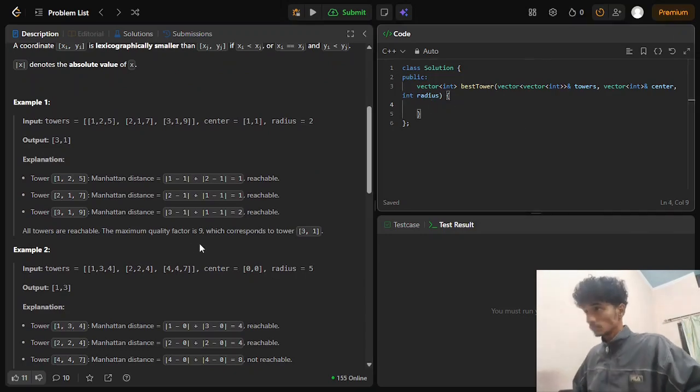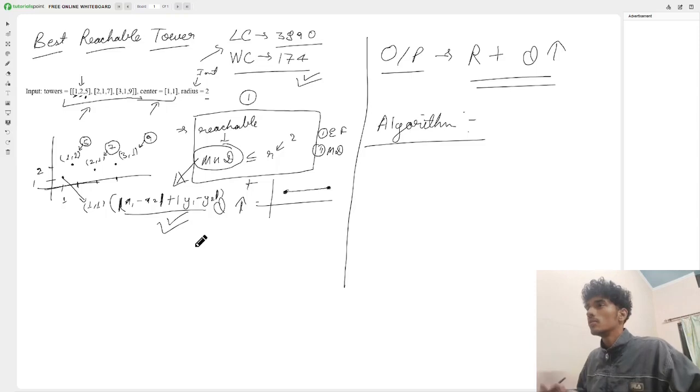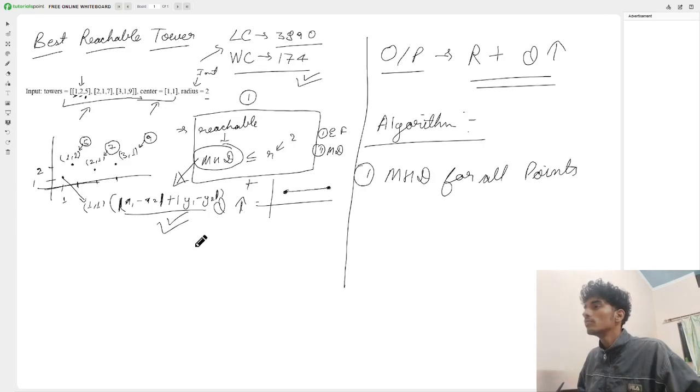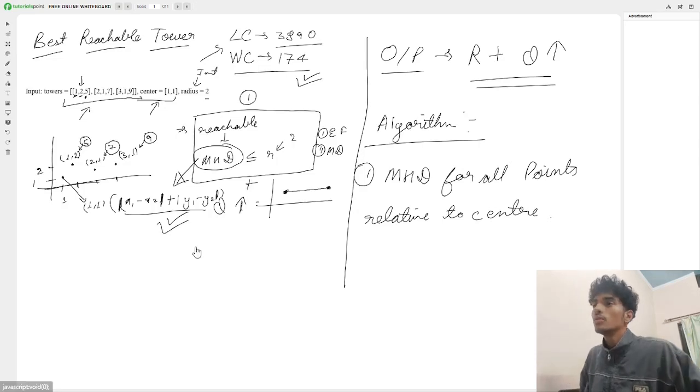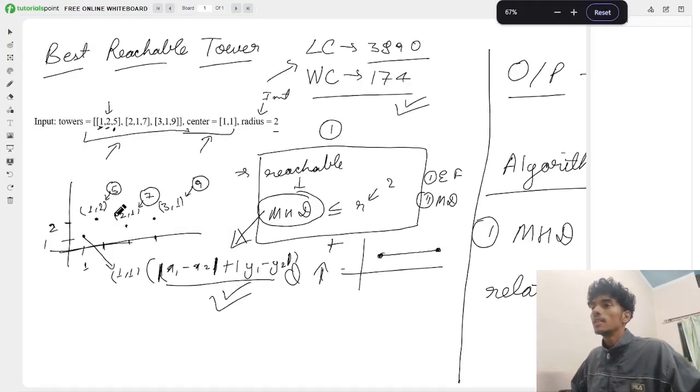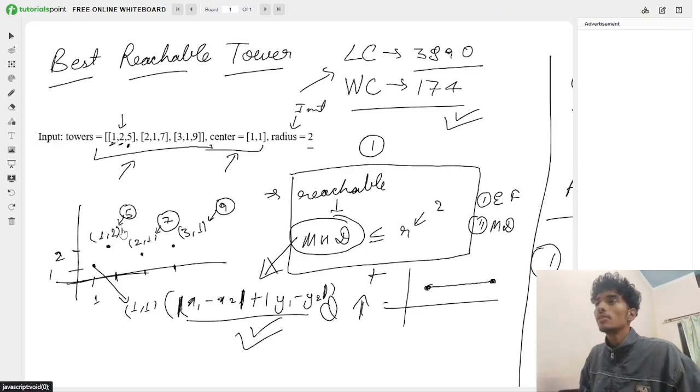The very first thing that I can do is to calculate the Manhattan distance for all points relative to the center, so we will be looking at distances from the center.